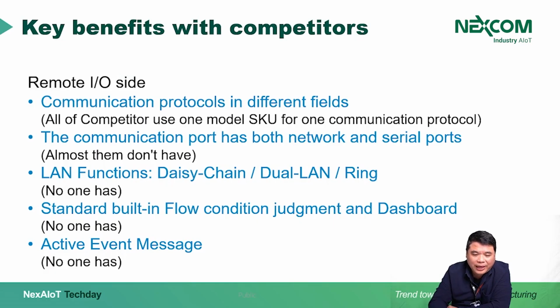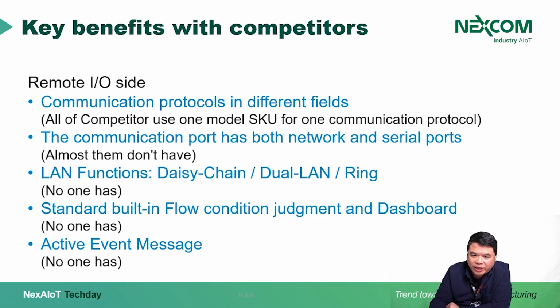So I said we have a very key benefit over competitors. On the remote I/O side, all of the competitors use one SKU for one communication protocol, and the communication ports have both network and serial port, which almost no one else has.